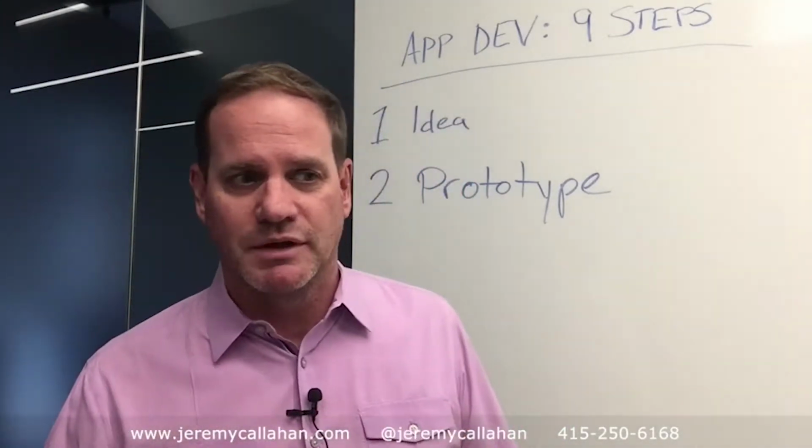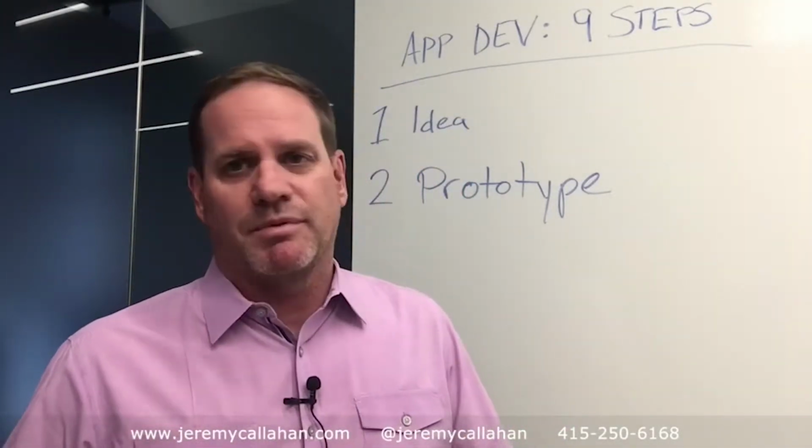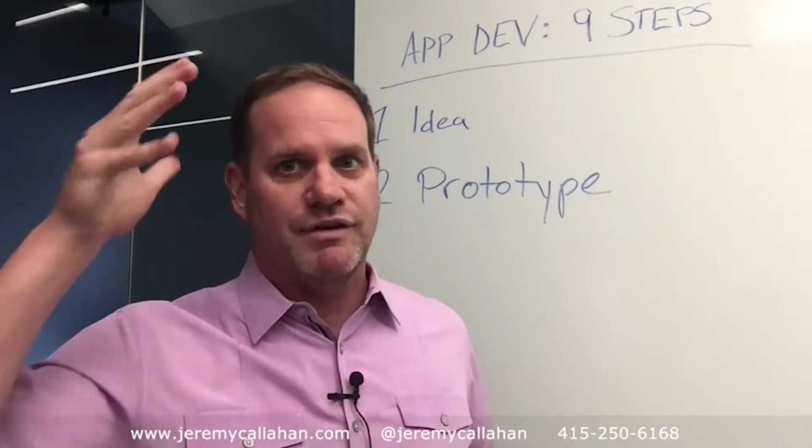So the first thing you need to do is define the problem you're going to solve when you're prototyping. A lot of people think prototyping is everything the app's going to do, like it could be doing 200 things that the app's ultimately going to do or your project's ultimately going to do.